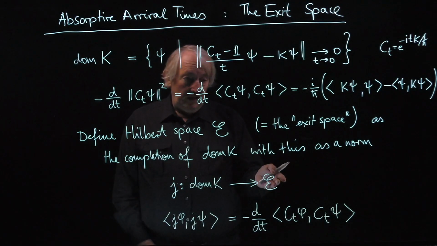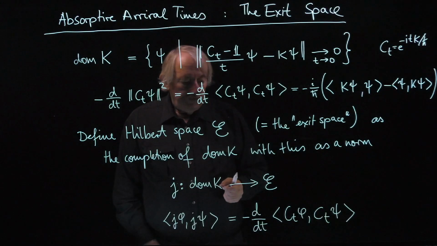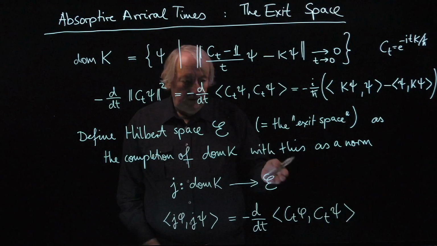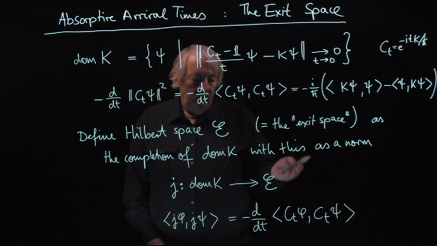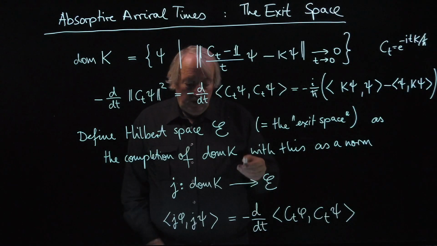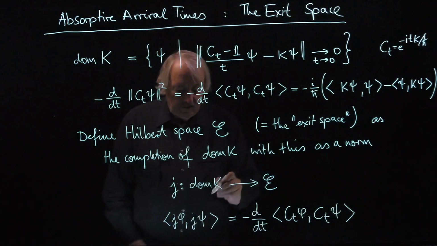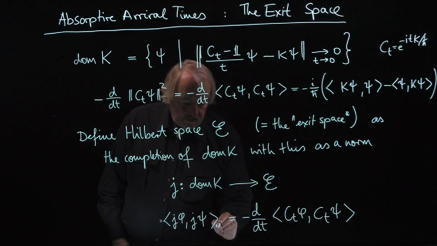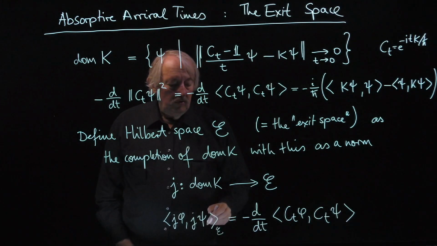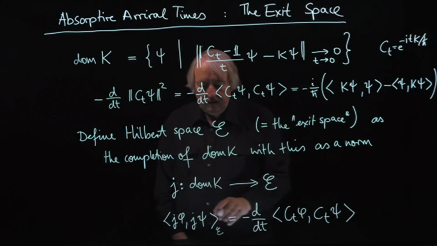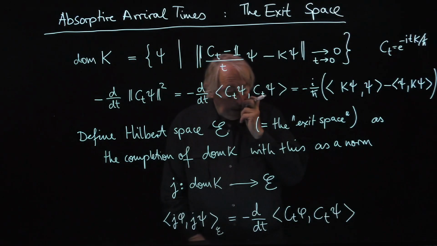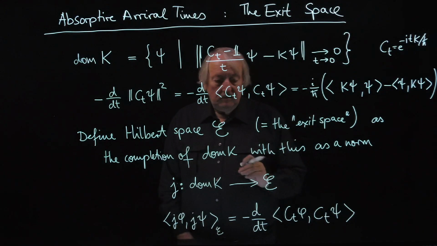So the image here is dense. Right? But sometimes we actually allow non-minimal exit spaces. But this formula is something that we just stick to. So this is the scalar product in E, of course. Right? So I don't usually write that, but just to make clear that this is the scalar product in E. Okay, so this is an interesting Hilbert space, and we'll analyze that a bit further.